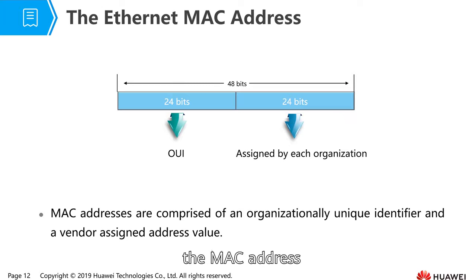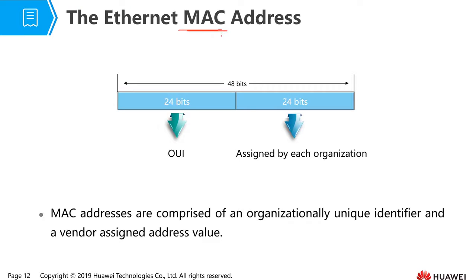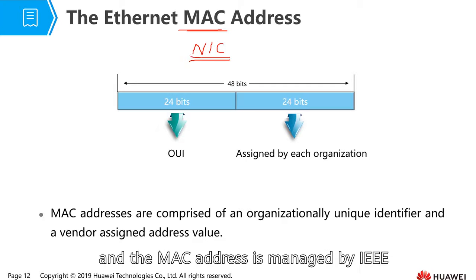Then what's the MAC address? The MAC address is a unique address of the network interface card. Each network interface card has a MAC address, and the MAC address is managed by IEEE.